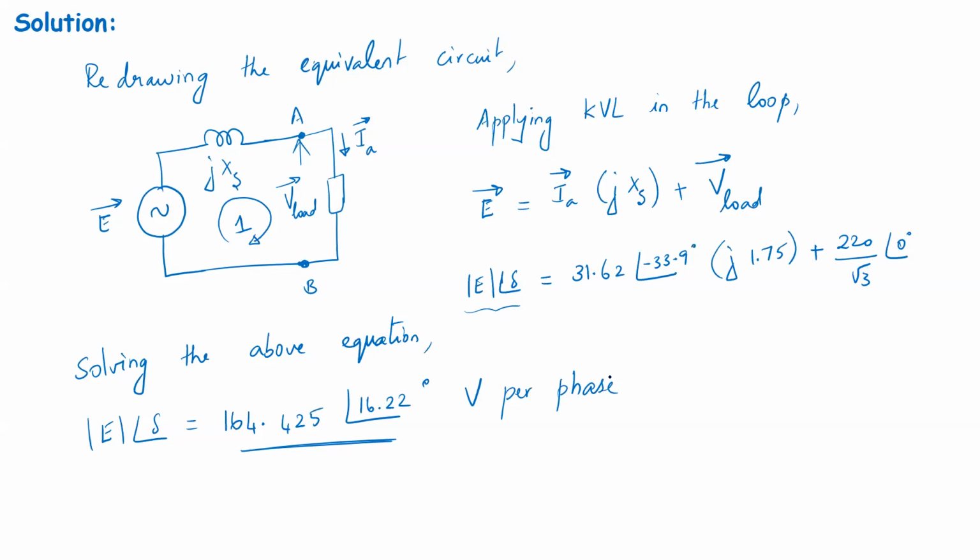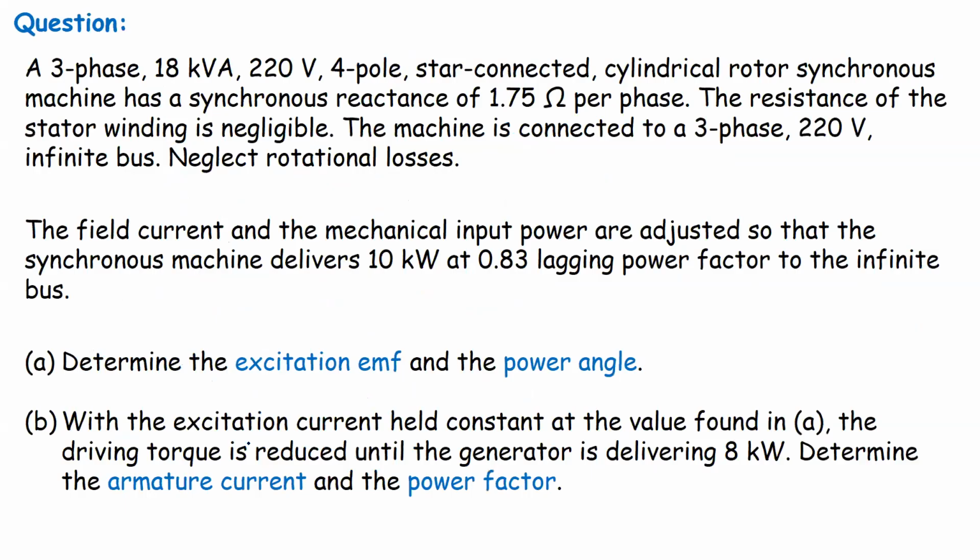If you want the three-phase excitation EMF, you need to multiply this with a factor of √3 because that will be the line-to-line voltage. But we will usually work with per phase quantities. So this completes part A of the question. Part A asked us to determine the excitation EMF E and the power angle, and we have solved for both.